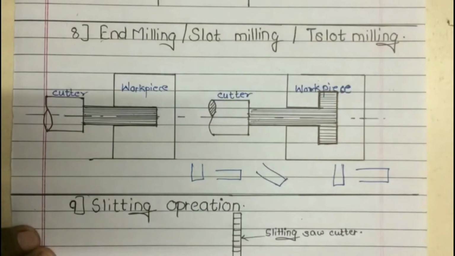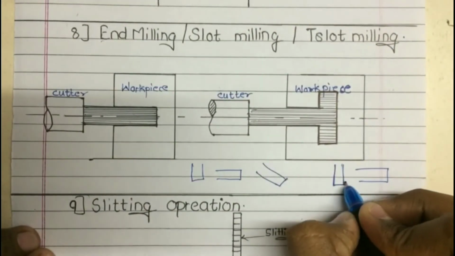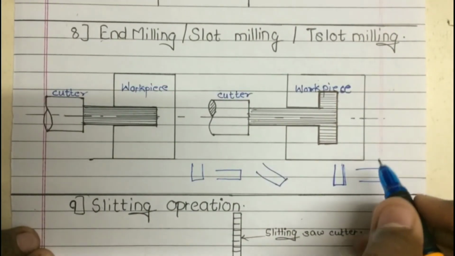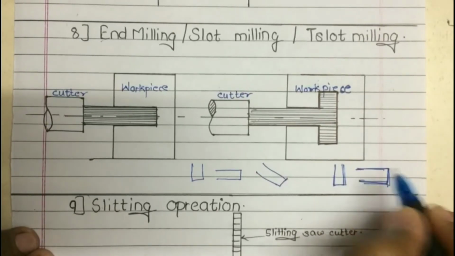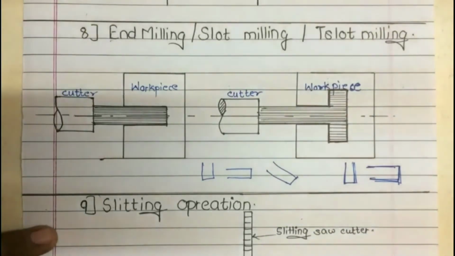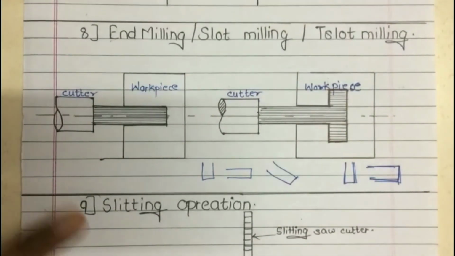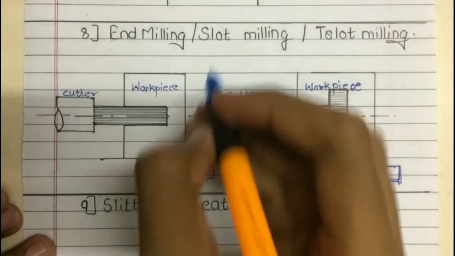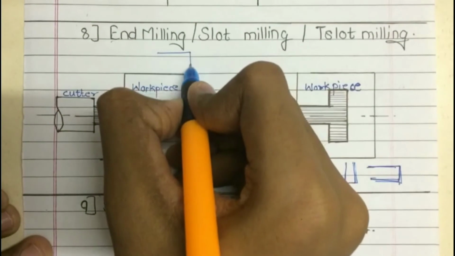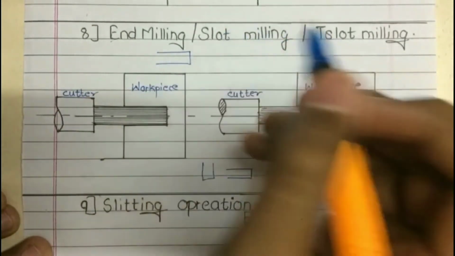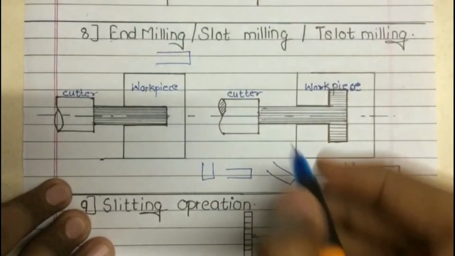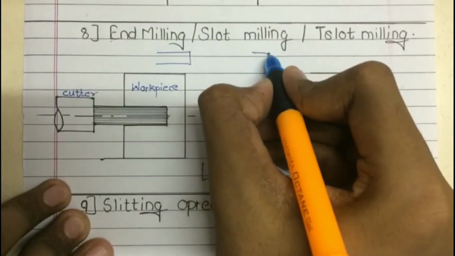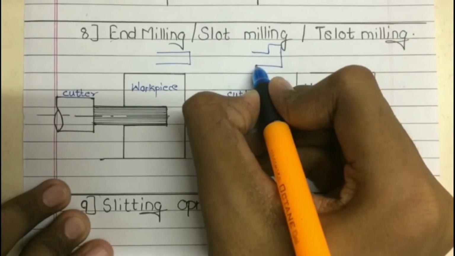But for producing T-slots, the operation can be performed vertically or horizontally. And this T-slot operation is performed in two steps. First, plain flat surfaces are produced, and then the T-slot cutter is used for producing T-slots in the workpiece.